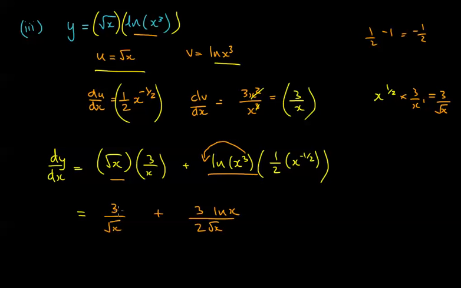I could probably factor something out here, but I don't want to confuse matters too much. If you're confused by this bit, the 3 has gone to the front and multiplied by the half, so you get 3 over 2, and the x to the power minus a half I've just rewritten as 1 over x to the power of a half, which is 1 over root x. So there you go, that's the derivative of this function.